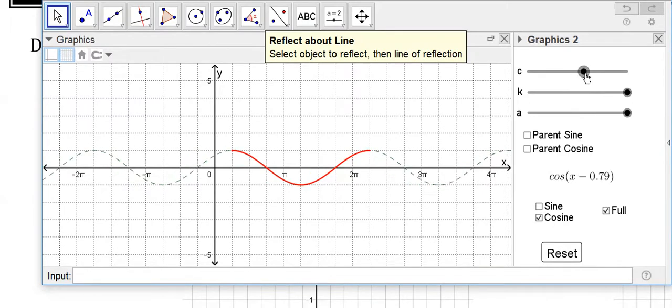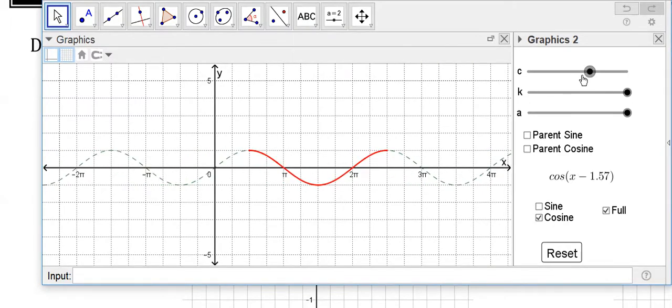Okay, so here we go. I'm going to shift it to the right, pi by 2. And what function is that? Sine. Right? If we're not just worried about that one cycle, it looks like it's cosine that's been shifted, but if we look at the full function, then we can see that that is now sine.